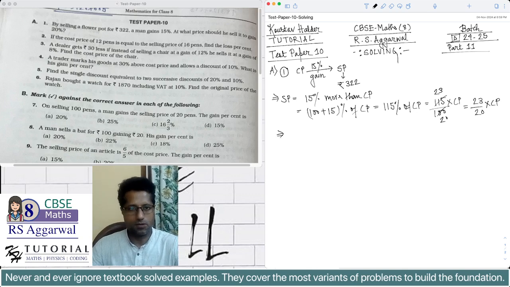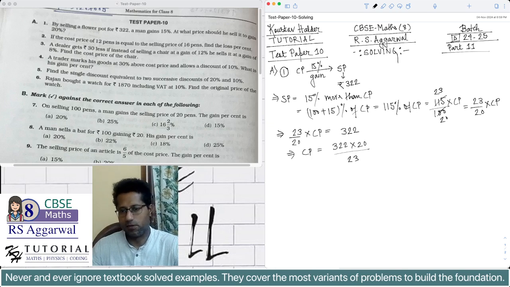But the selling price is already given to be rupees 322. So we can say 23 divided by 20 multiplied by CP is equal to 322. From here we can solve CP. CP is equal to 322 multiplied by 20 divided by 23.